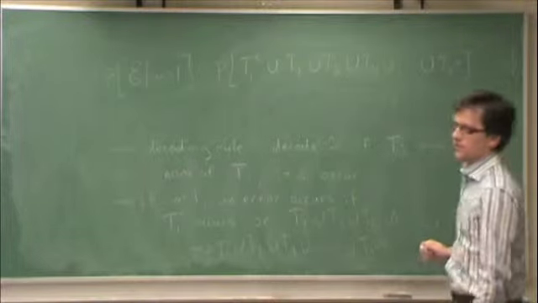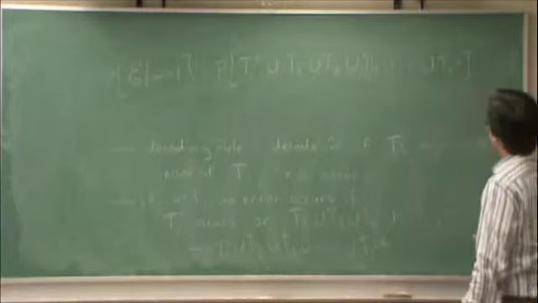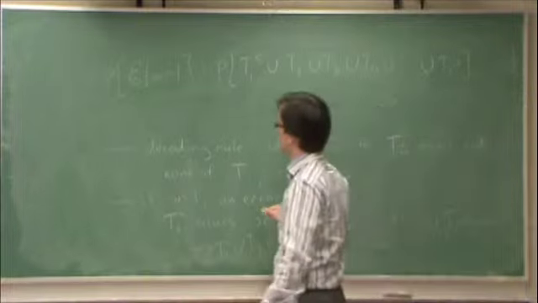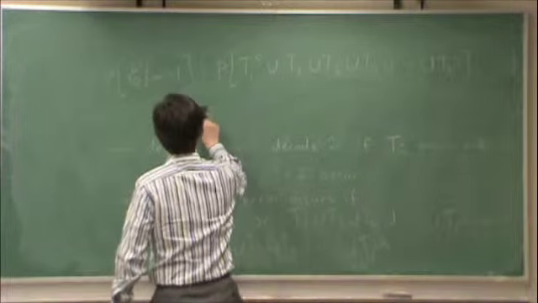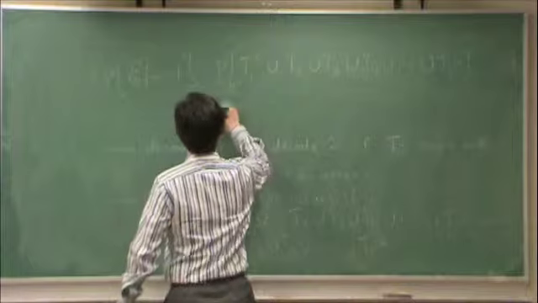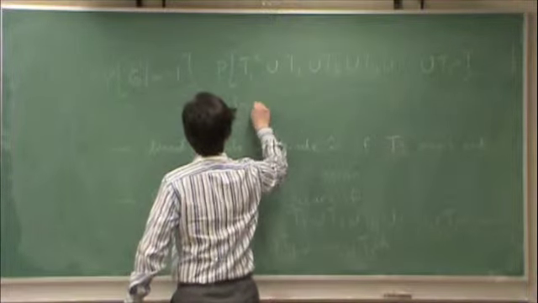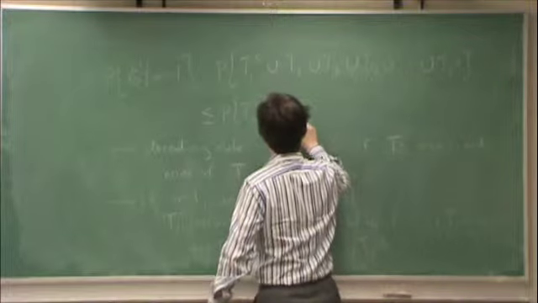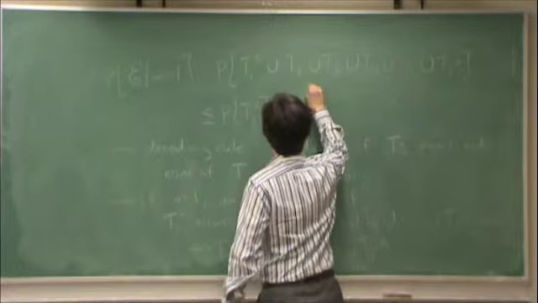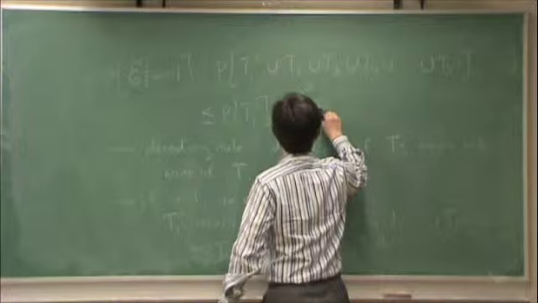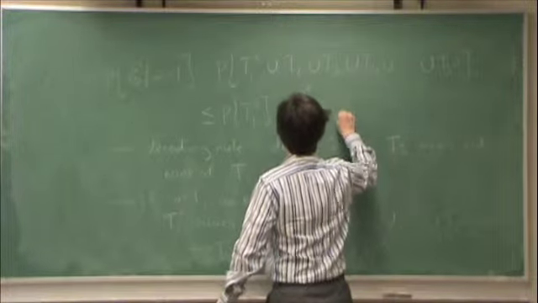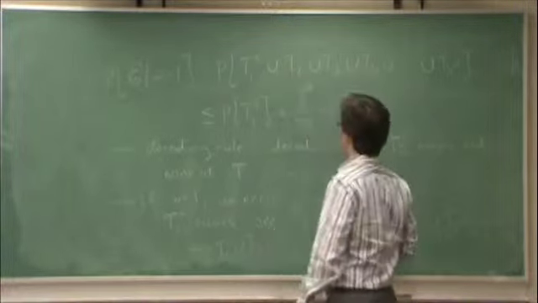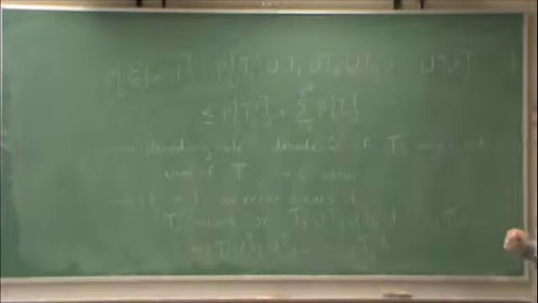Now, when we take unions of events in probability, I know that the following is true. This is the union bound. That's less than or equal to the probability of T1 complement plus the sum from i equals 2 to 2 to the NR of the probability of Ti. So now I have an upper bound on that probability.